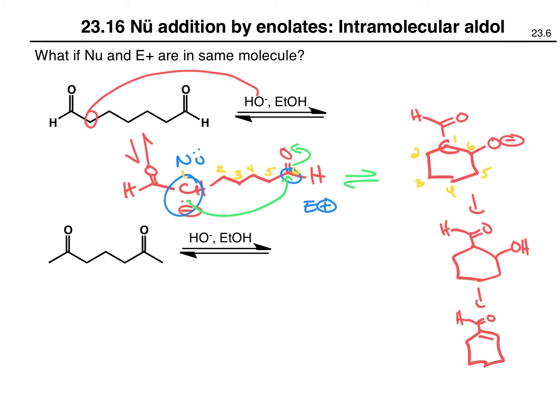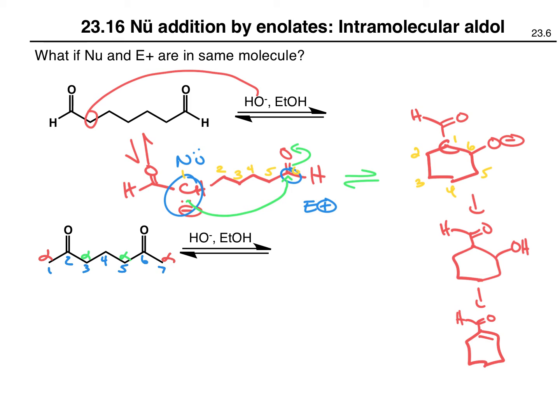What if we are looking at a diketone? I'm going to number this to begin with 1, 2, 3, 4, 5, 6, and 7. And so we have two alpha positions on the outside that are equivalent to each other, but different from two alpha positions that are internal and the same as each other, but different than the red ones.